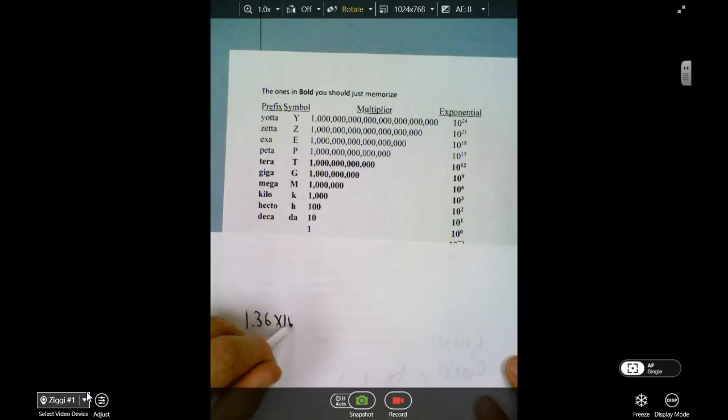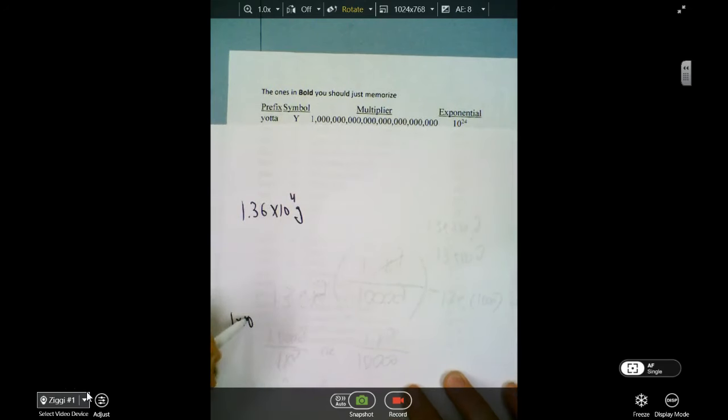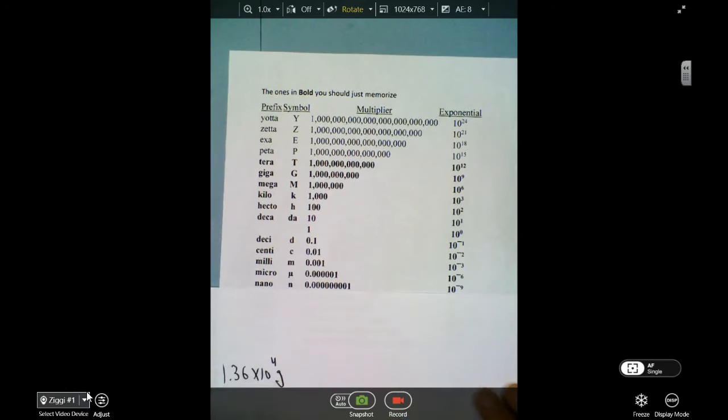1.36 times 10 to the 4th grams. And my conversion is going to be 1 times 10 to the minus 9th grams equals 1 nanogram.